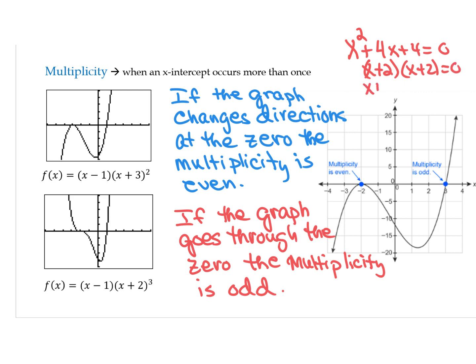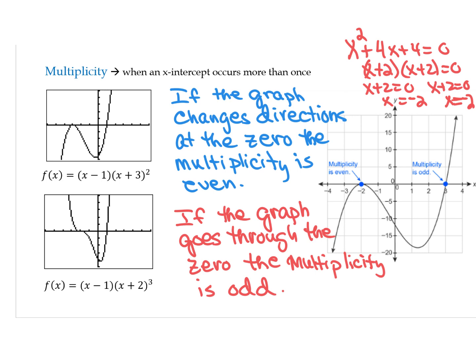I break each factor down, and I get x is equal to -2 2 times. Okay, this would be an example of a multiplicity because you have the same factor in that particular polynomial.